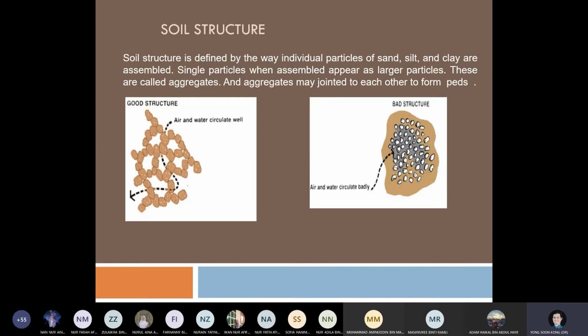Okay, so let's start with soil structure. Now, what is the difference between structure and texture? Last time we did cover soil texture, like loam, sandy soil, clayey soil. Last time when we talked about soil texture, it is closely affected by the composition of three components in the mineral phase.